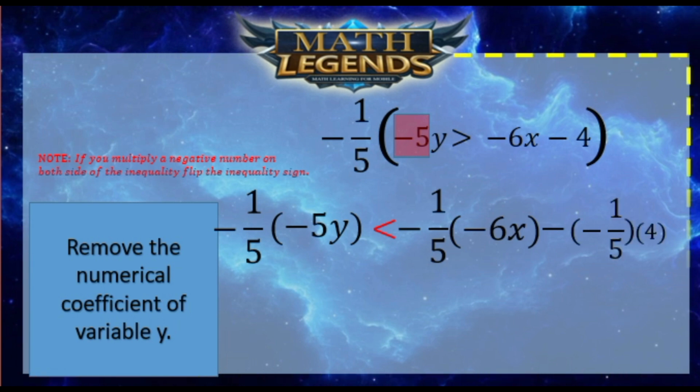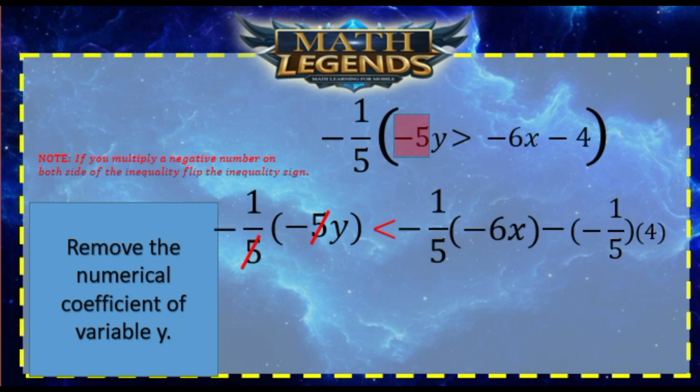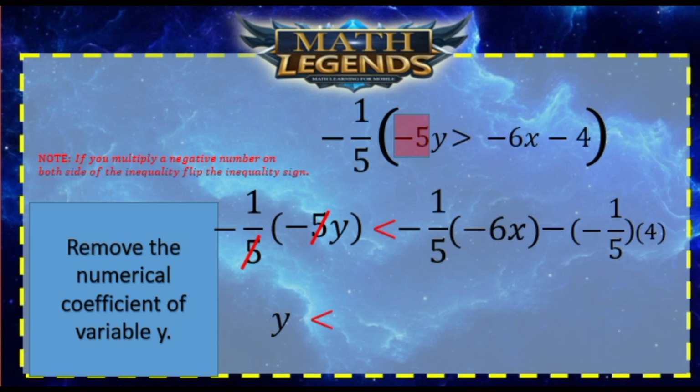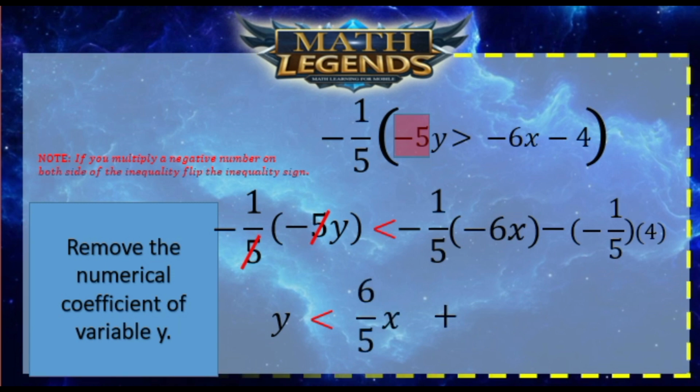So let us simplify. Negative 1/5 times negative 5y. We're going to cancel out negative 5y. And in here, negative times negative, the answer will become positive. So therefore, from the left side of the equation, it will become y less than negative 1/5 times negative 6x will become positive 6 over 5x plus, and negative times negative 1/5 times 4, the answer will become positive 4/5.